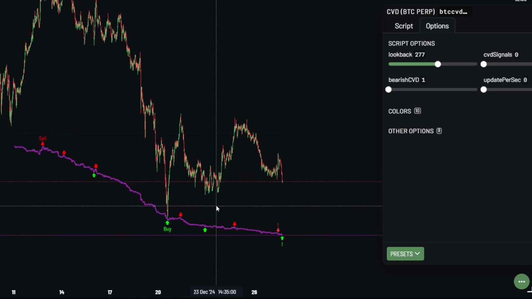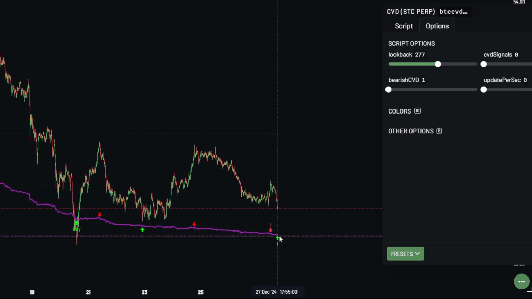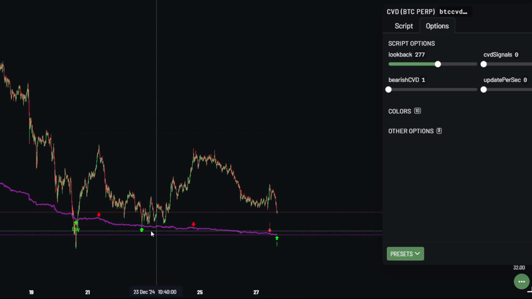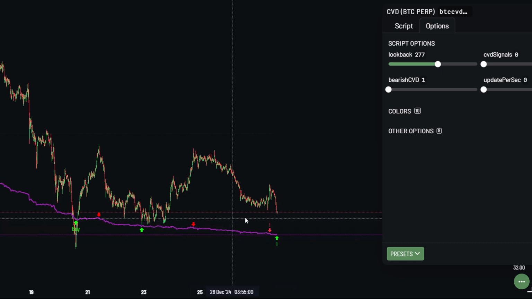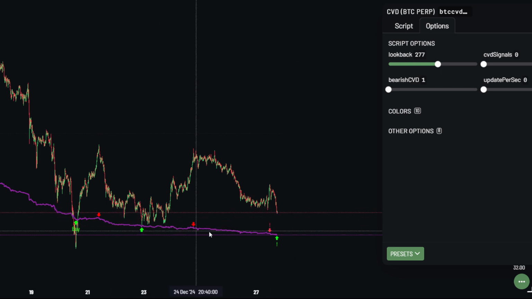Now, we even have a bullish CVD just created, by the way. We just got a bullish CVD where you have two bullish signals. The last two bullish signals, this one is lower than the previous one, while on the price action this price is higher than the previous one, creating a divergence.